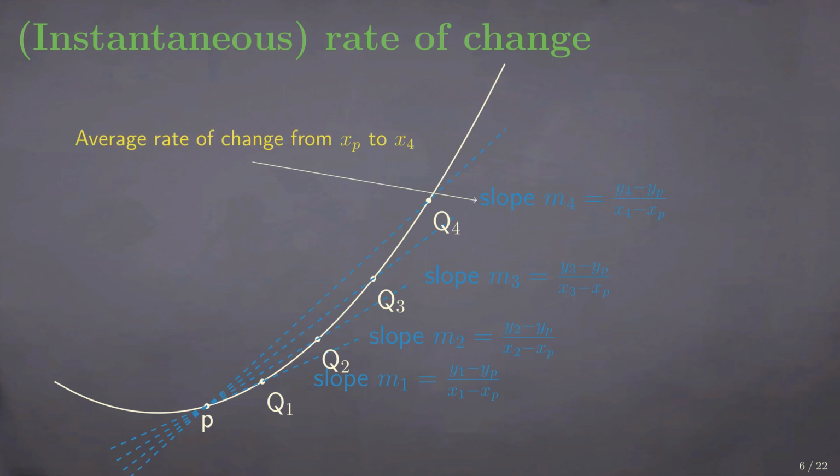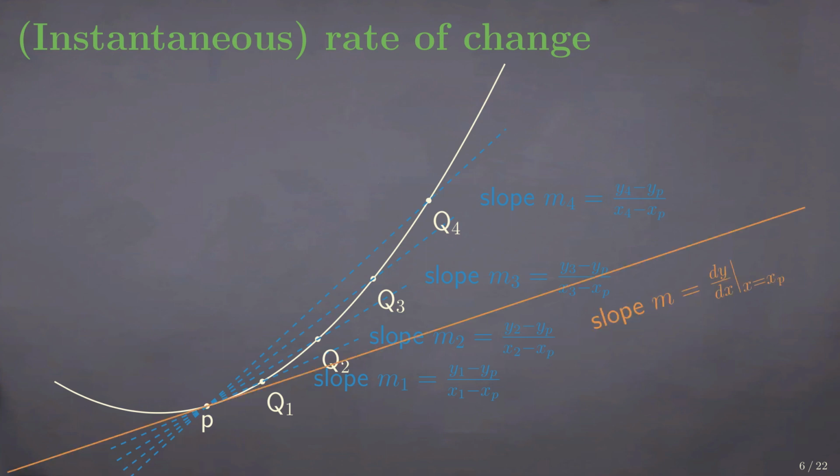So the derivative of y with respect to x evaluated at x equals xp, the x coordinate of the point p, is the slope of the limit line of all the secant lines through the point p.